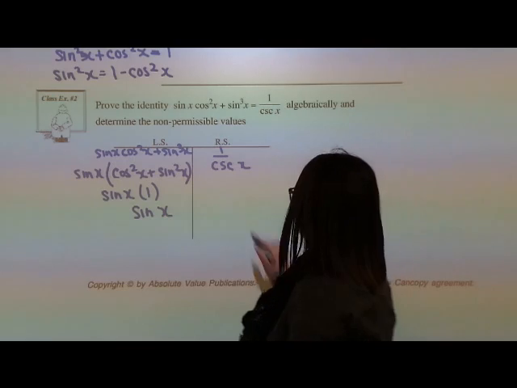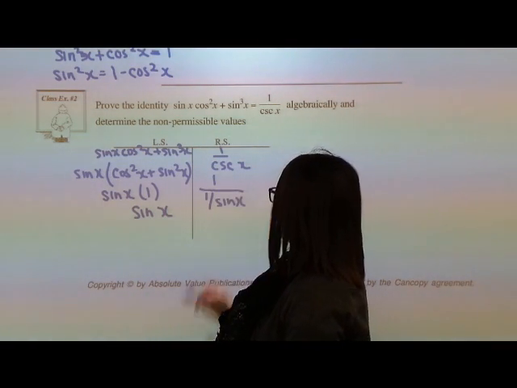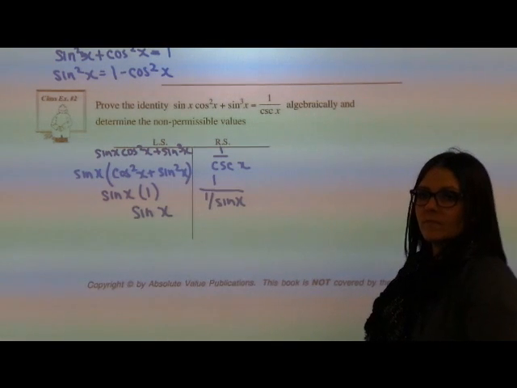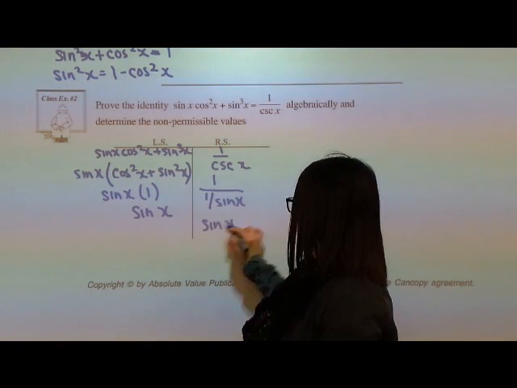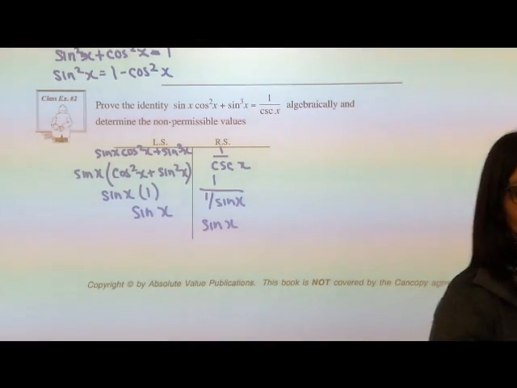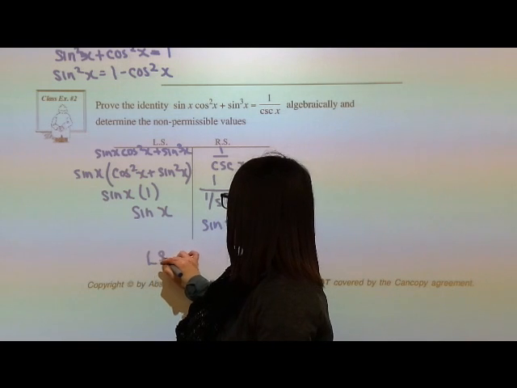So I get 1 over sine, which equals the right side. So I've now shown that the two sides are equal, so I can write left side equals right side.